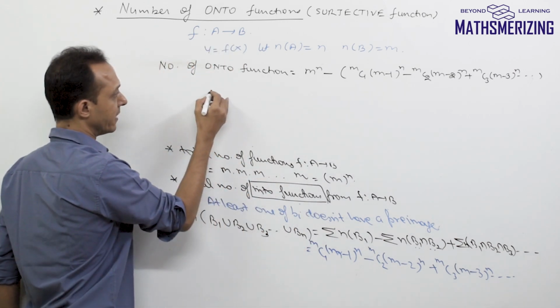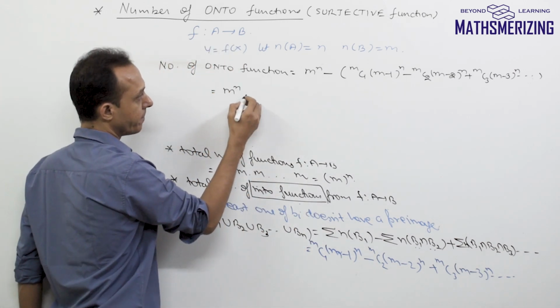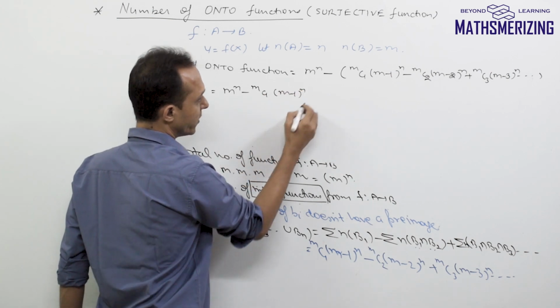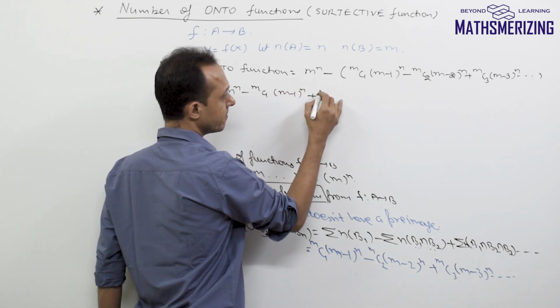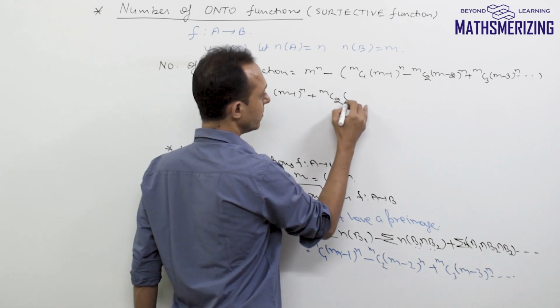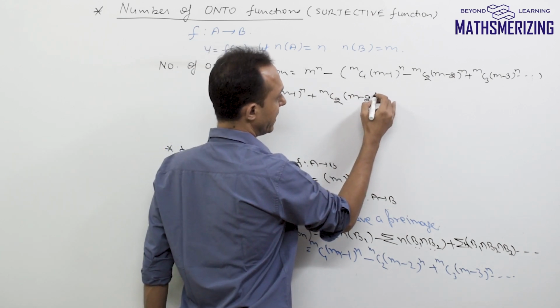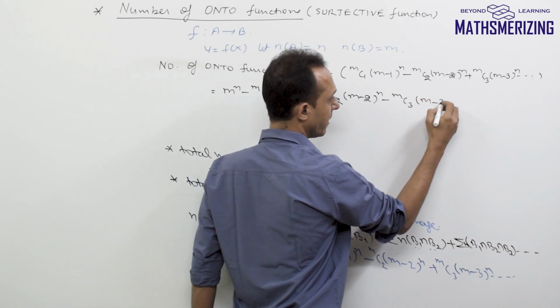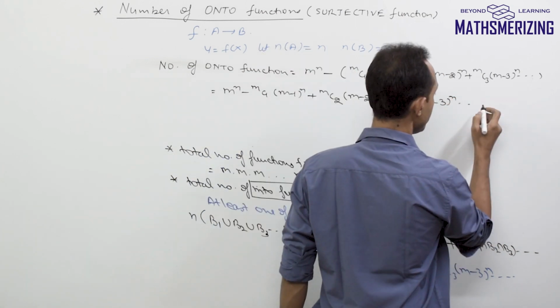So I can in fact write it as m to the power n minus mC1 (m minus 1) to the power n plus mC2 (m minus 2) to the power n minus mC3 (m minus 3) to the power n.